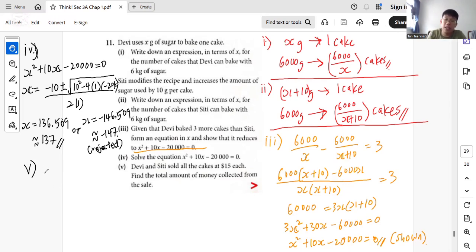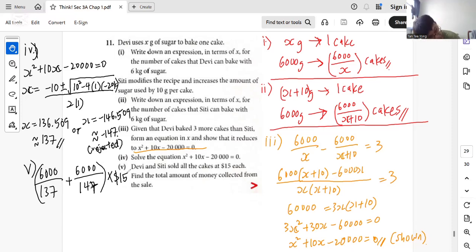Okay, so for Devi, how many cakes she baked? 6,000 over 137, right? This is for Devi. Plus, now the CT's amount is what? 6,000 over 147. Okay, so this is the total amount of cake, right? And then I times $15.